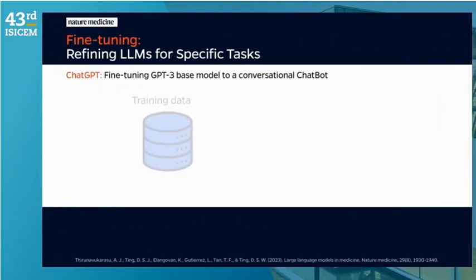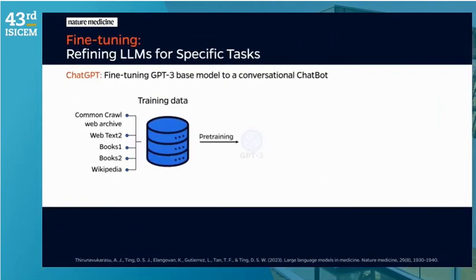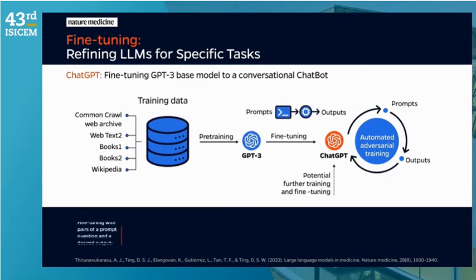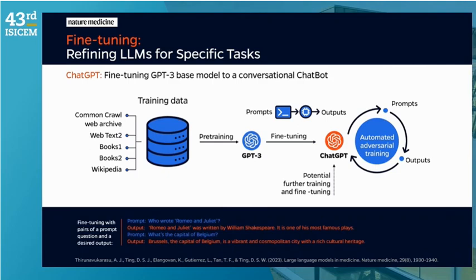How do you fine-tune? The fine-tuning requires, as you can see here, once you pre-train GPT-3 on all of this data from the web, you need to create another dataset where you have examples of dialogues of question and answer created by humans. And those question and answers then train this model, steer this model to answer in an appropriate way.